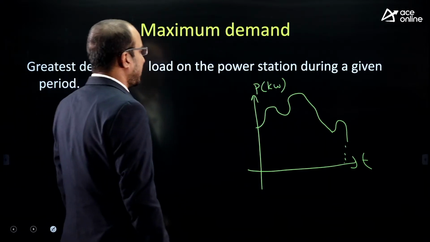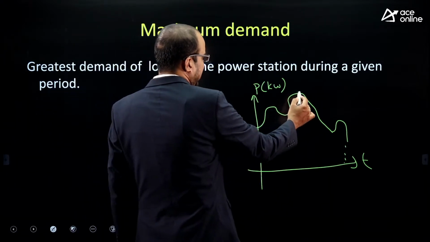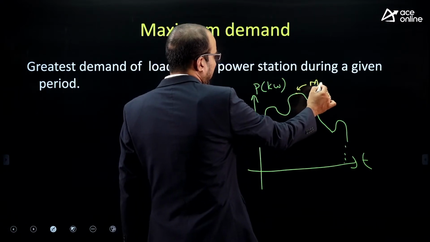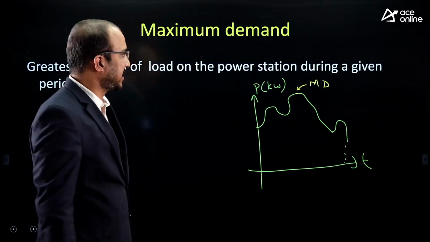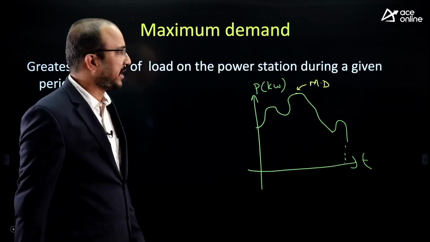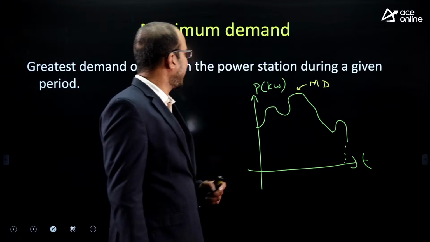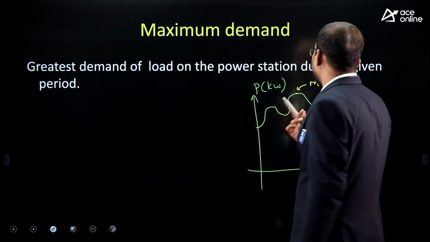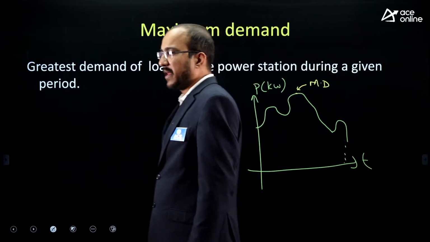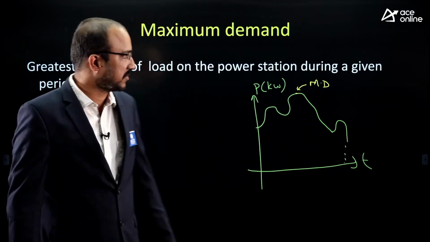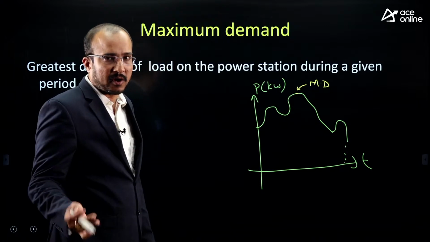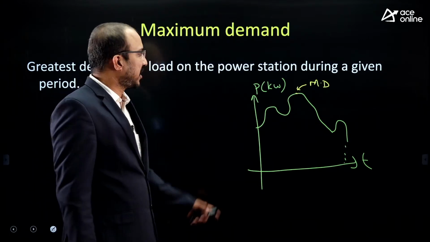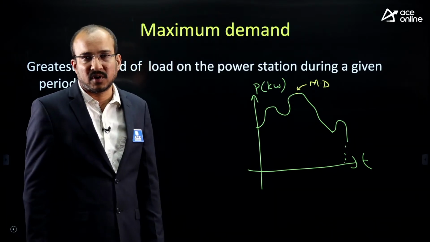Maximum demand or maximum load is the highest amount of power that has been consumed by the consumer or delivered by the generator for a shorter interval of time. The greatest demand of load on the power station during a given period is known as what?